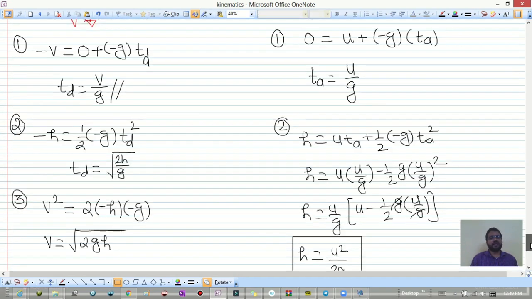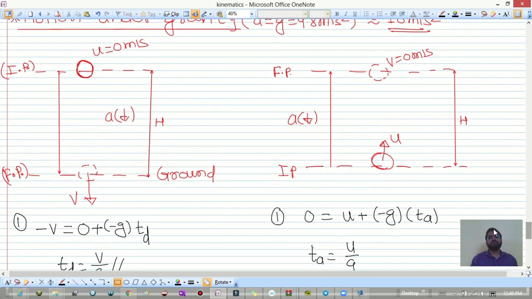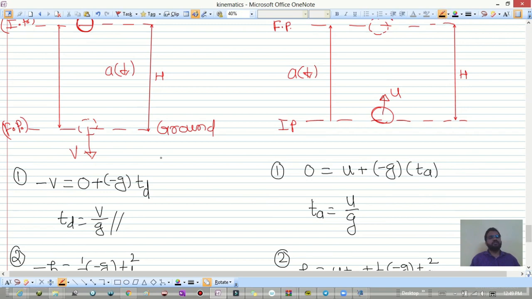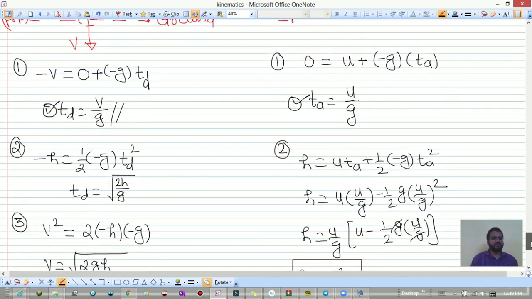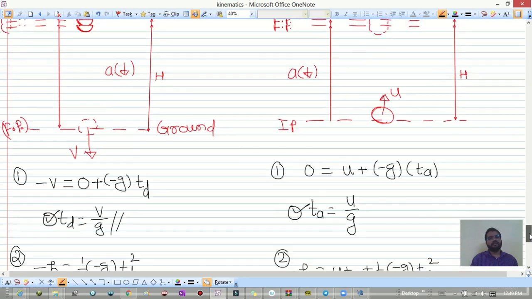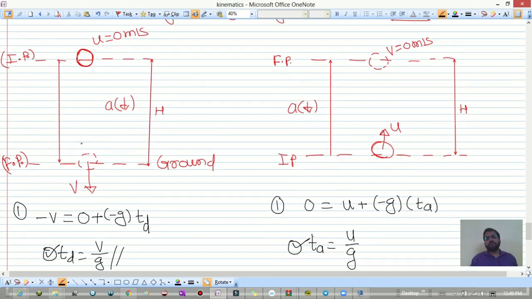So accordingly we have the three equations for a freely falling body and a body which is thrown upward with some initial velocity. The main things you need to remember are time of descent td and time of ascent ta. Maximum height h is u squared by 2g, and for a body to go up, time of ascent is u by g, and for a body to come down, time of descent is v by g, because this u is exactly equal to v.